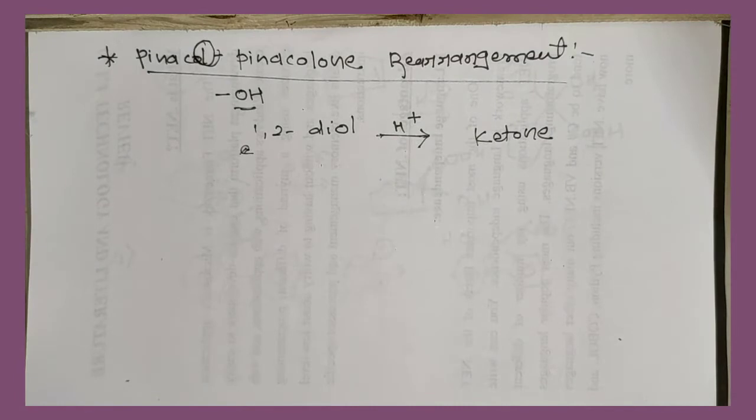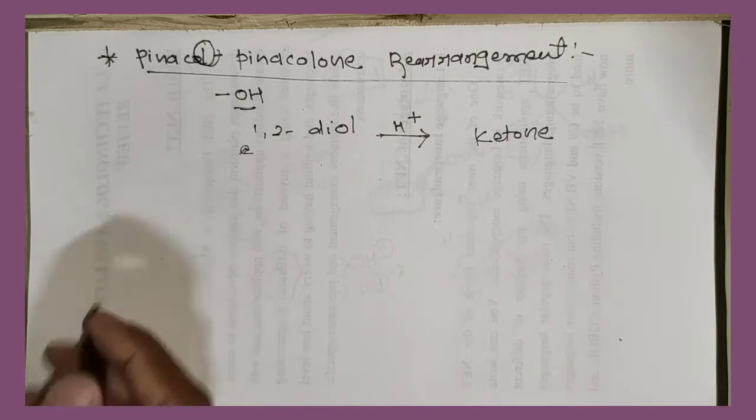So this is the principle of the reaction. Acid catalyzed conversion of 1,2 diol to ketone is known as Pinacolone rearrangement. So your starting material is 1,2 diol and the product is a ketone group. Clear? So let me take one simple example.